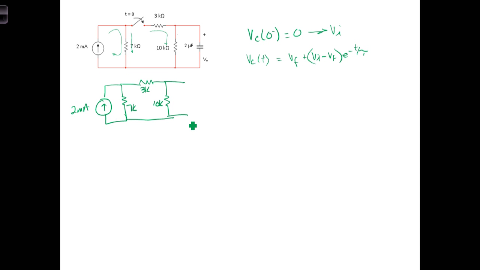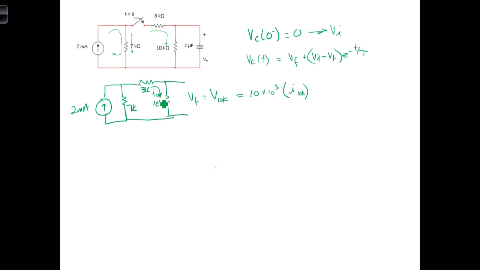Well, after the capacitor is completely charged, the final voltage is going to be equal to the voltage across that 10k ohm resistor. Let's write it V sub 10k, which is going to equal the current flowing through there times 10k, which is equal to 10 kilo ohms times 10 to the third times whatever the current through that, let's call it I sub 10k, is.